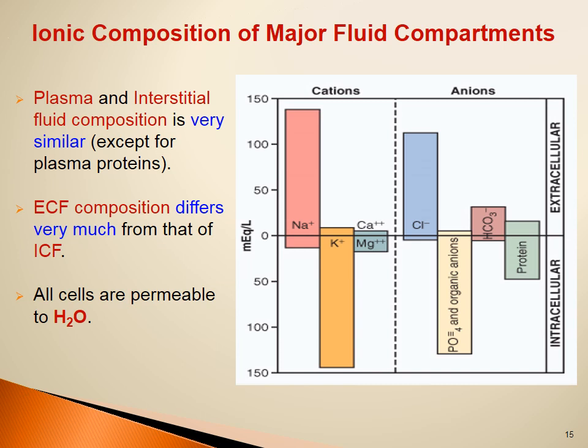Again, to attract your attention, the main cation in the extracellular fluid is sodium, and the main anion is chloride, while the main cation in the intracellular fluid is potassium, and the main anions are phosphate and ionic proteins.